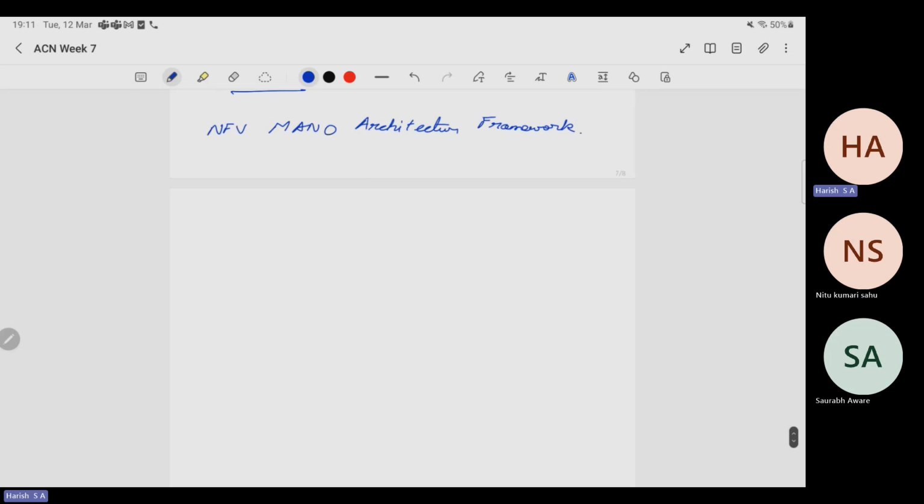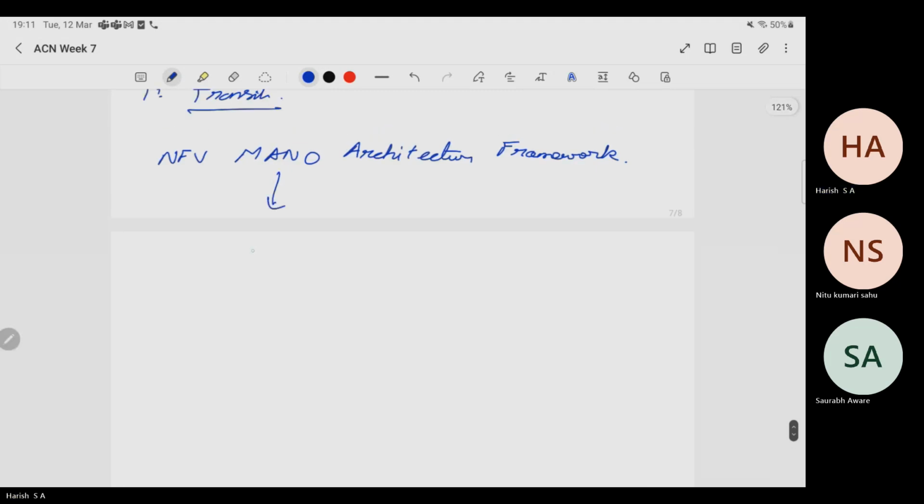You can take a look at the lecture if you would like to see this aspect of NFV. So other than that, in the MANO architecture framework, you also have something called the NFV orchestrator and VNF manager. Okay, so they have their own specific functionalities, and they manage the network functions. And what are these network functions? They are called virtual network functions.